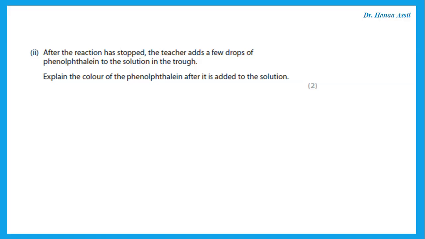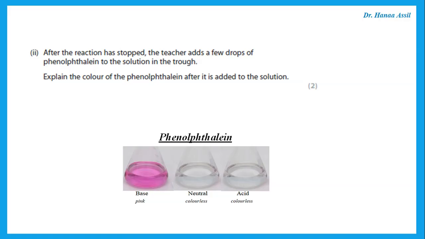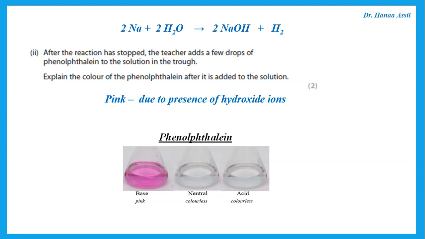After the reaction has stopped, the teacher adds a few drops of phenolphthalein to the solution in the trough. Now, the solution in the trough is what? It has sodium hydroxide. You should realize that anything that has hydroxide is alkaline or a base, and that means that my phenolphthalein will turn pink.